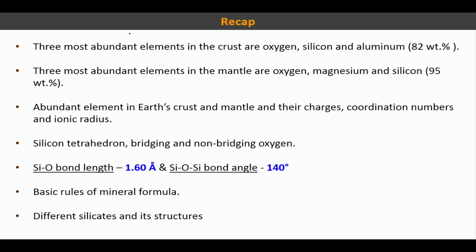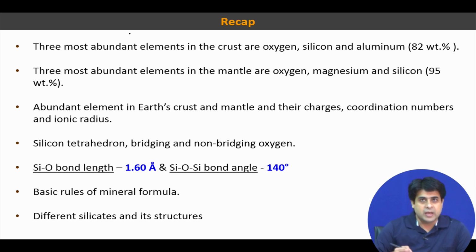So, if you remember, in the last lecture we discussed several things. First we discussed the definition of a mineral, and from that we tried to understand what the most abundant minerals are in the crust and in the mantle.